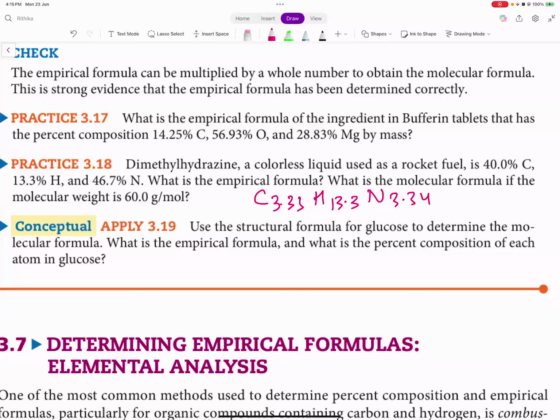Then we divide this by 3.33, and when I divide 13.3 by 3.33, I get 4, right? So I'm getting C1H4N1, that is CNH4. Okay, what is its molar mass turning out to be? 16.